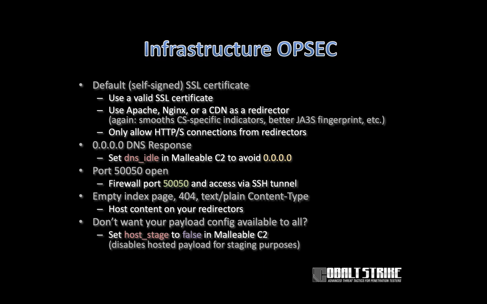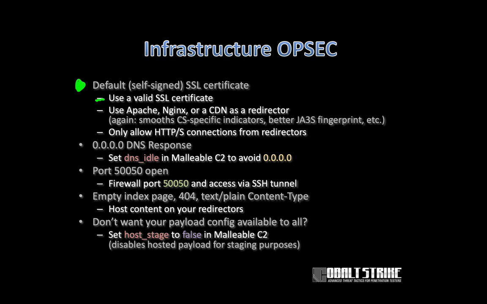Now, let me give you some advice on how to make your team server harder to find and how to make it much harder to pull information from your team server. First things first, do not use a default SSL certificate. You can set a valid SSL certificate in your Malleable C2 profile.